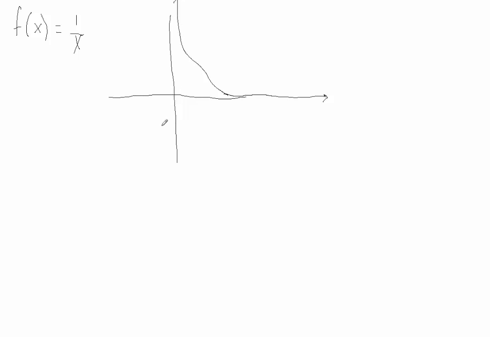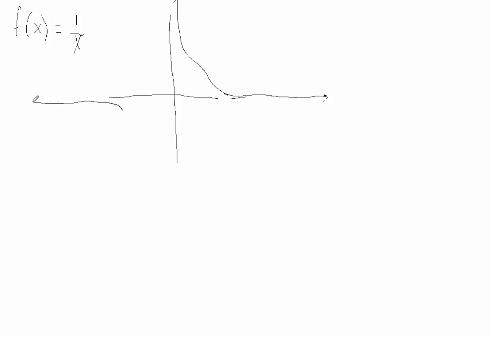An asymptote, the y-axis. And then as x gets large in a negative way, negative a million, negative a billion, negative a trillion, 1 over that equals a very, very small number, very close to 0, but a negative number.